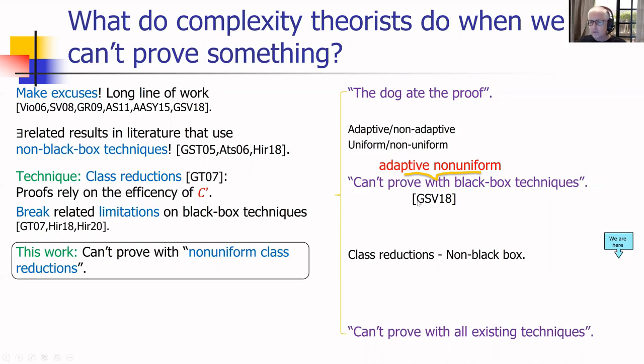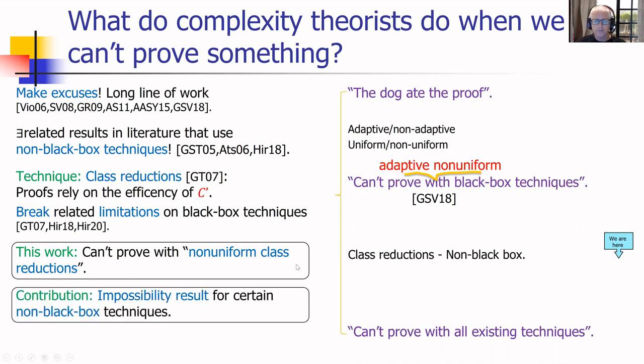So we're able to improve the excuse from saying that we can't solve these open problems with black box techniques, to saying that we can't solve these open problems even with class reductions, even with some non-black box techniques. And the important contribution in my mind is that we are able to give impossibility results even for non-black box techniques, not only for black box techniques.